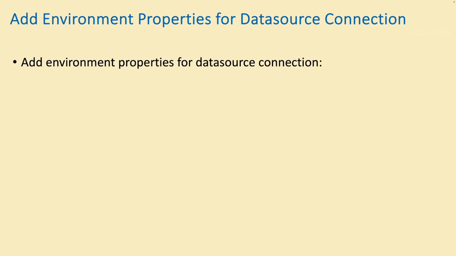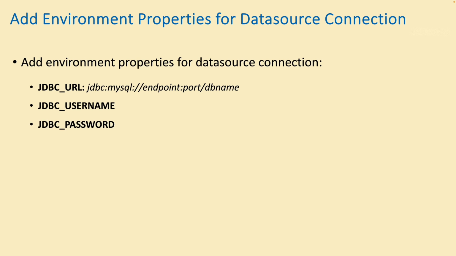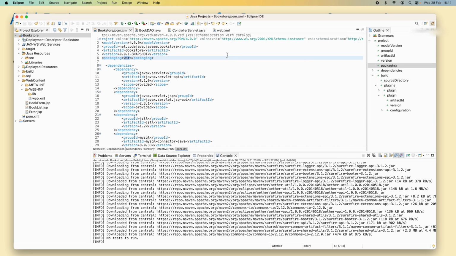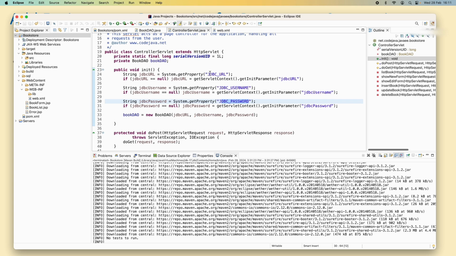So we need to add some new environment properties for data source connection: JDBC URL, JDBC username, and JDBC password. The property names match the names we used in the code here, JDBC underscore URL.